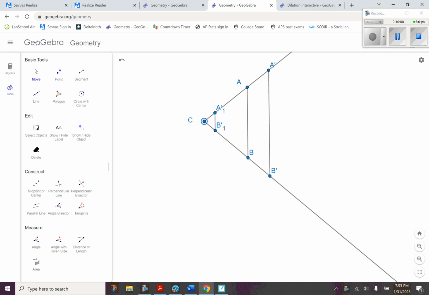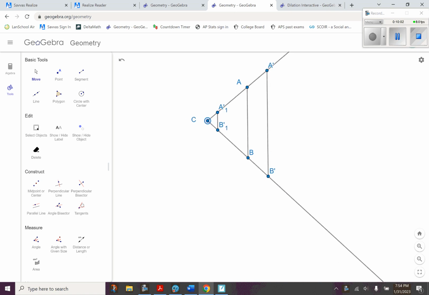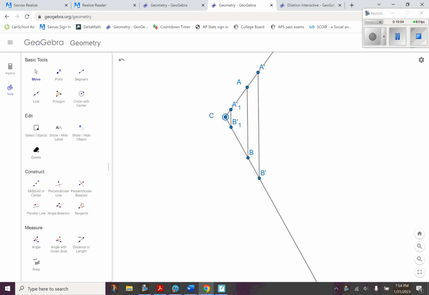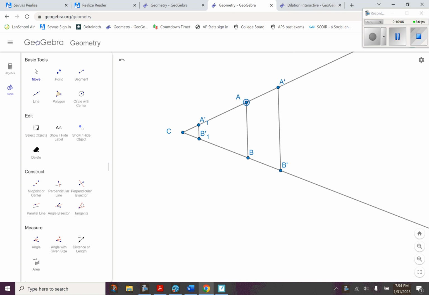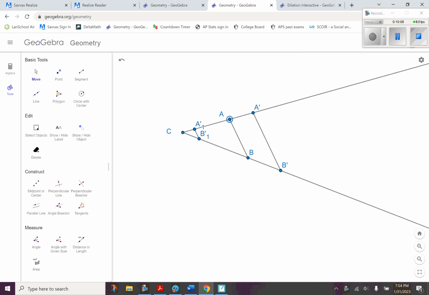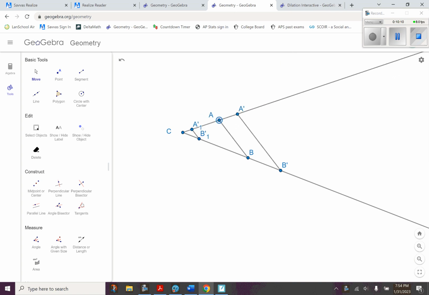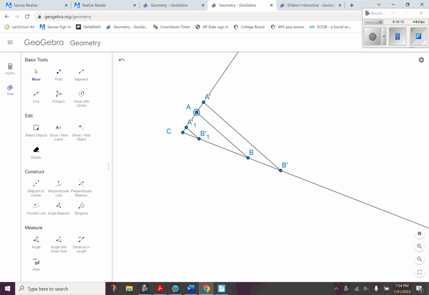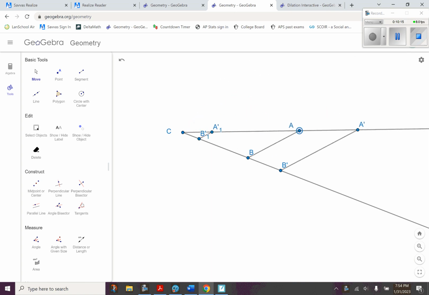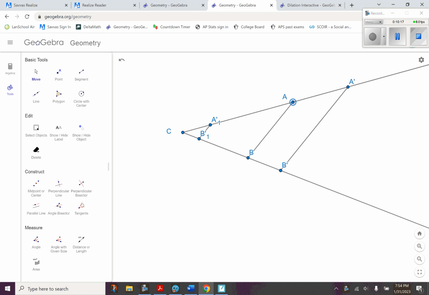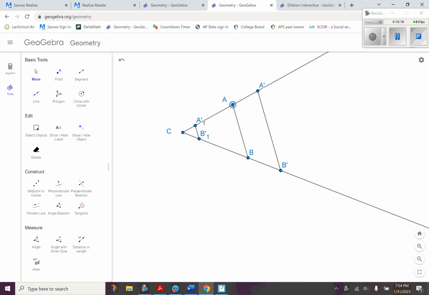And again, moving the center of the dilation closer puts those images closer. And if I change the length of one, it automatically changes the length of the other. And hopefully you can get a better illustration as I'm moving this around, that the original and its image stay parallel.